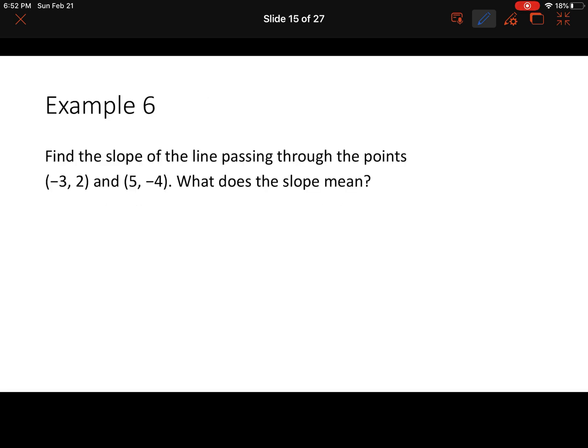All right, find the slope of the line passing through the points. So we'll toss our formula up here since we're just introducing it. y2 minus y1 over x2 minus x1. All right. Doesn't matter which point you choose to be point 1 and point 2. It doesn't matter as long as you're consistent.